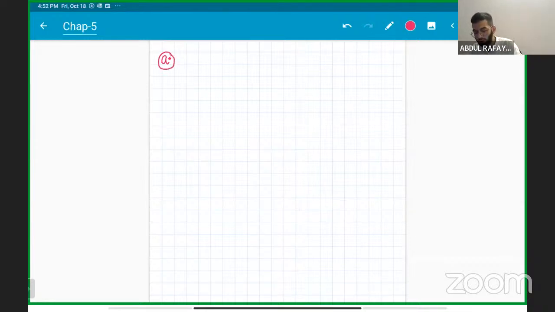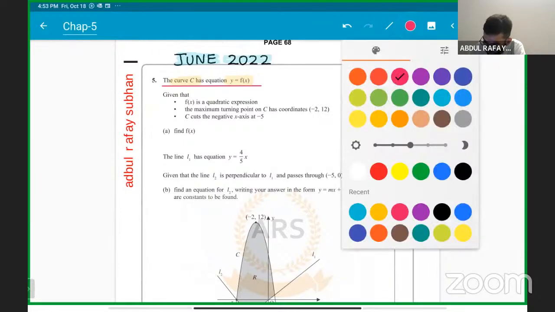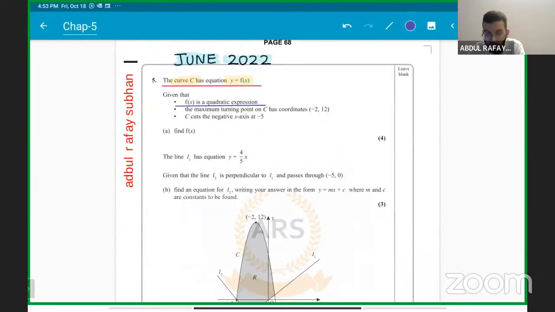June 2022, Unit 1. There is a curve C which has equation y is equal to f(x). We have to find that f(x) for 4 marks. We have to get that equation f(x). f(x) is a quadratic expression. It's a recent paper, follow very carefully.